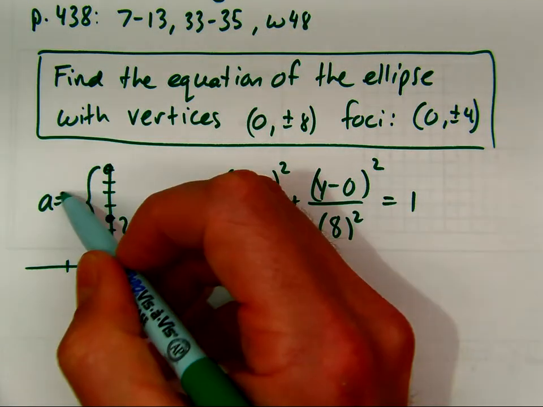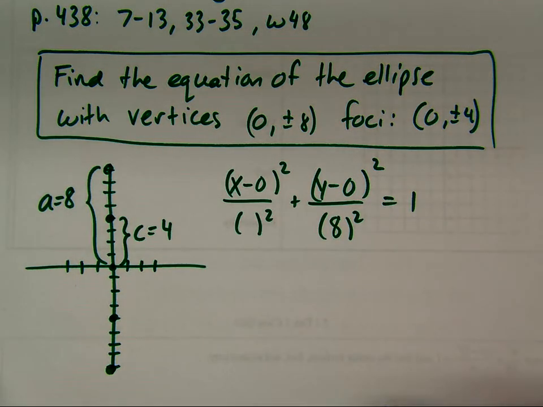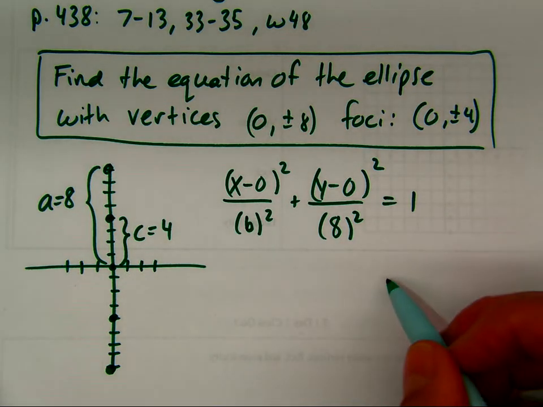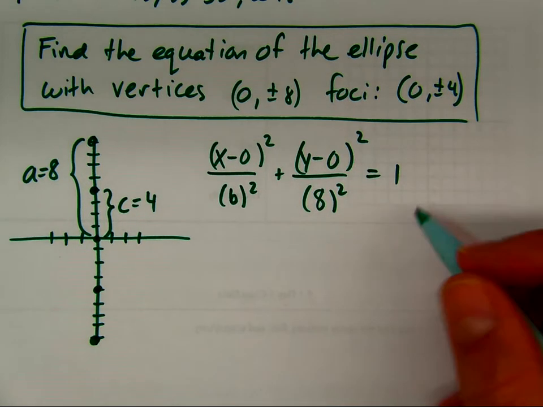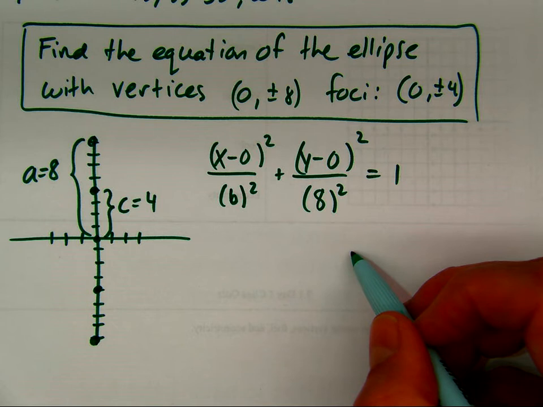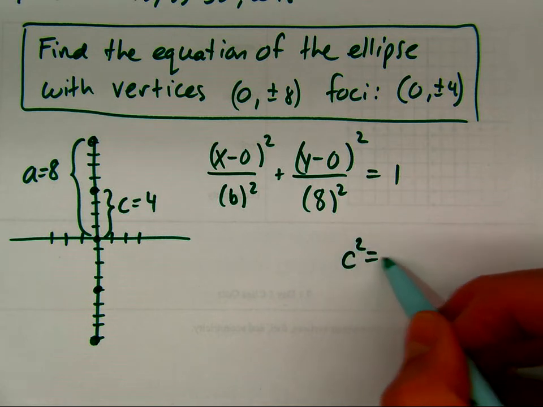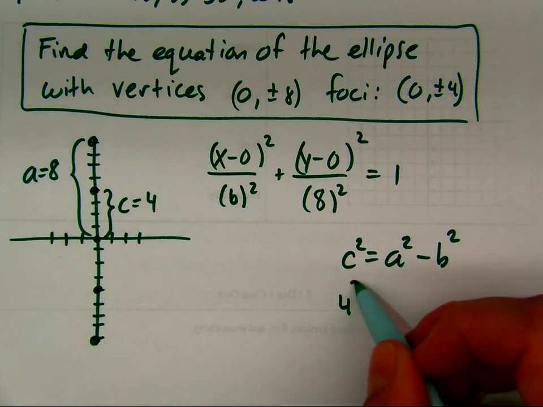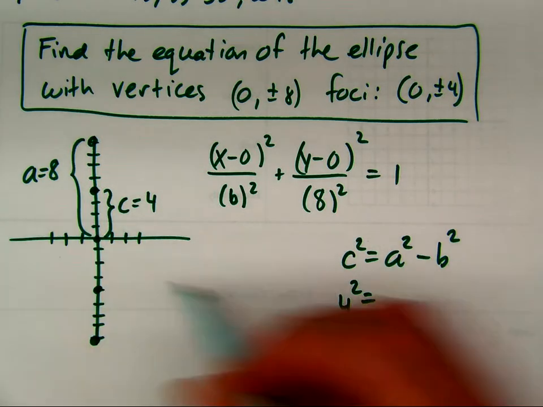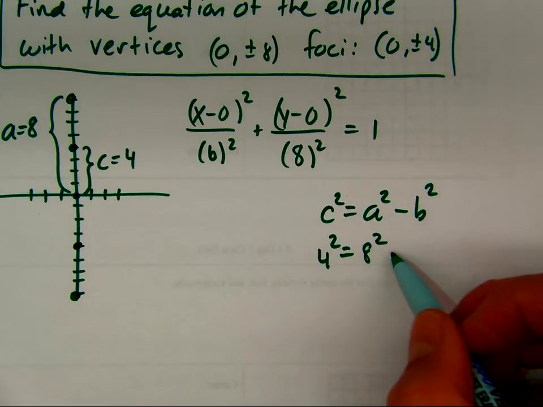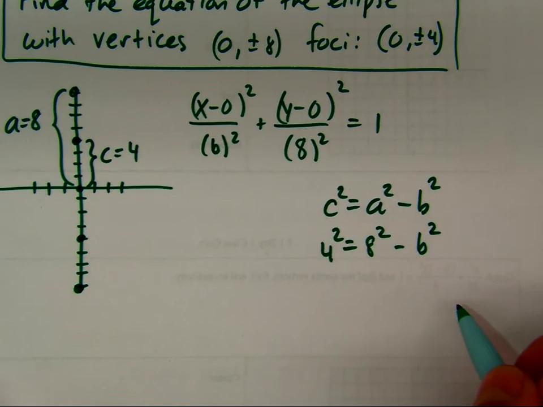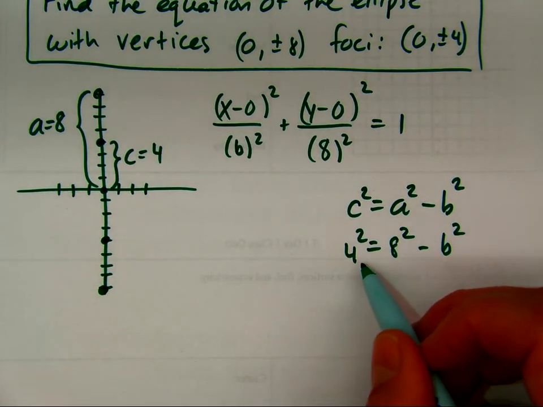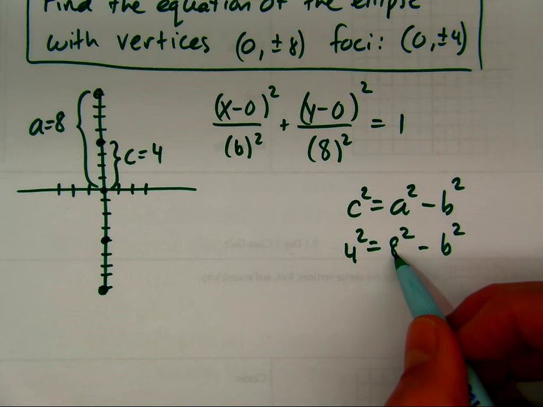A is 8. And if we know A and C, we can solve for B. B is right there. So we'll use the formula for the foci: C squared equals A squared minus B squared. And we have 16 minus 64.